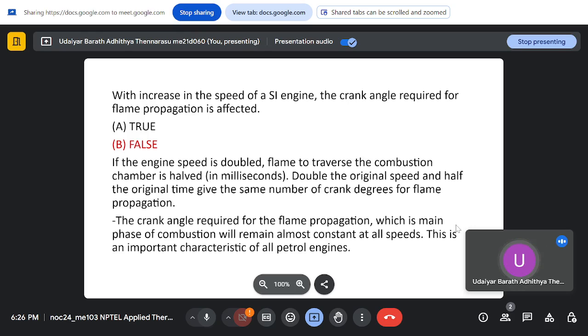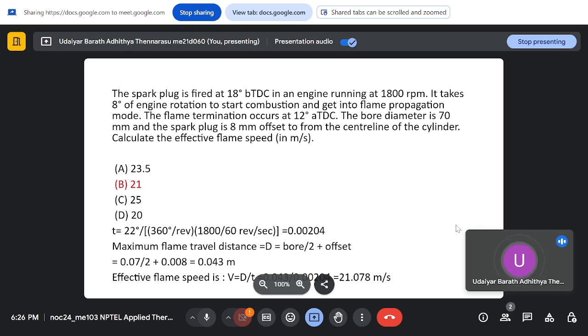Let's go to the previous problem and see how to solve this. If you see time, how I found it is from the crank angle divided by the speed. So now when you are running at double the speed, the time required for combustion is also reduced.